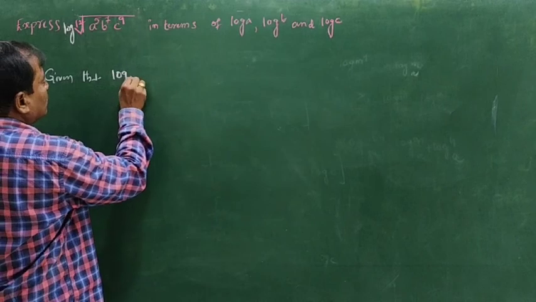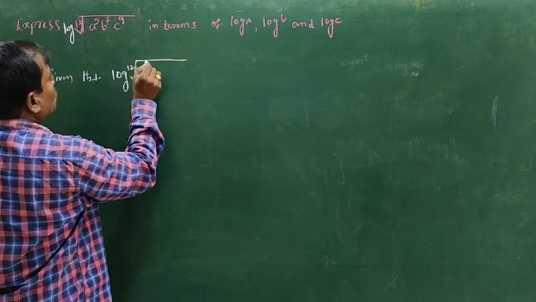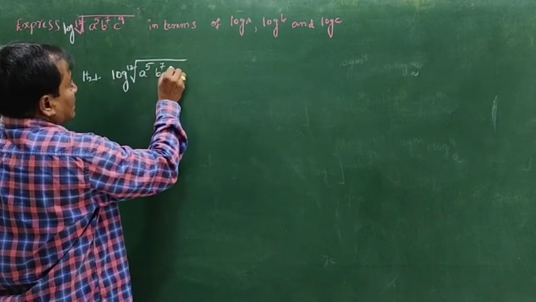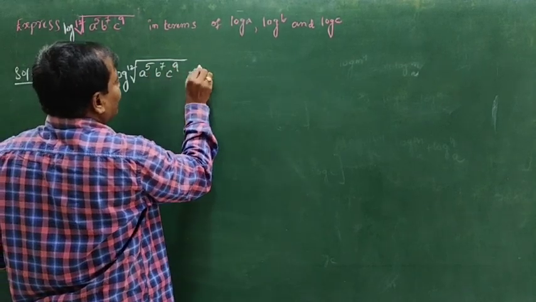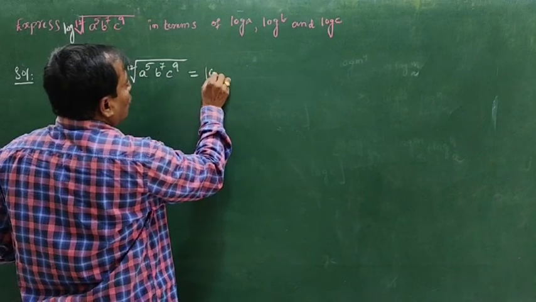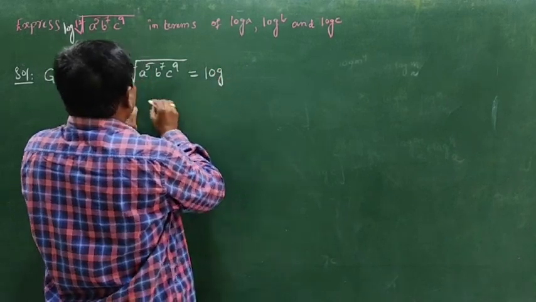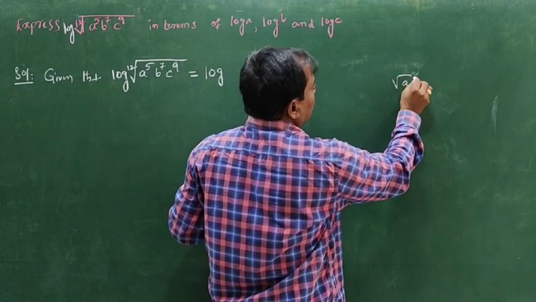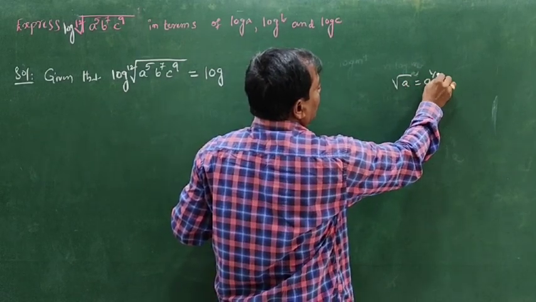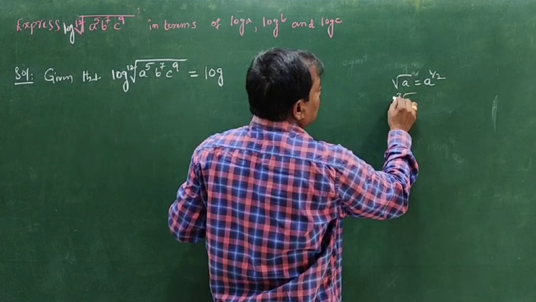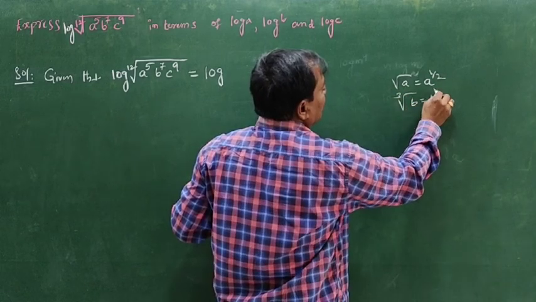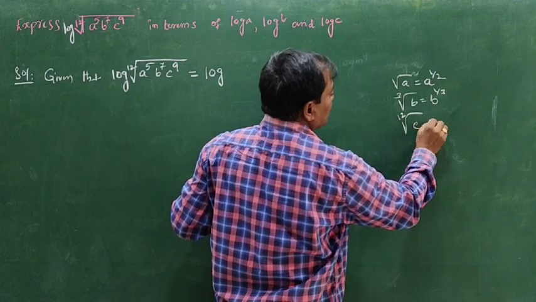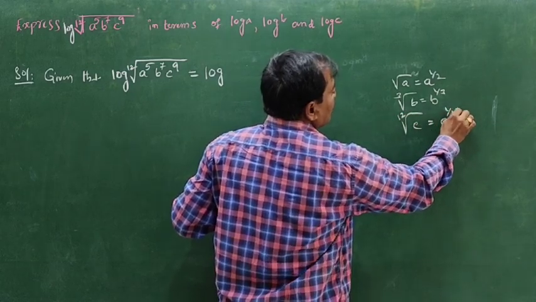Given log of the 12th root of a to the power of 5 b to the power of 7 c to the power of 9. For example, the square root of a means a to the power of 1 by 2, the cube root of b means b to the power of 1 by 3, and similarly the 12th root of c means c to the power of 1 by 12.